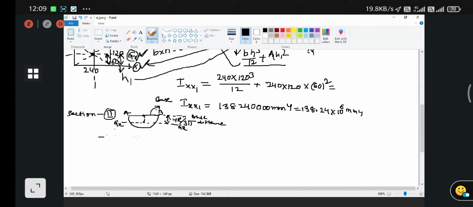Because for section 2 also I have to find the moment of inertia about its base axis. So see here, this is the x axis from which I have cut out my portion, xx and yy.